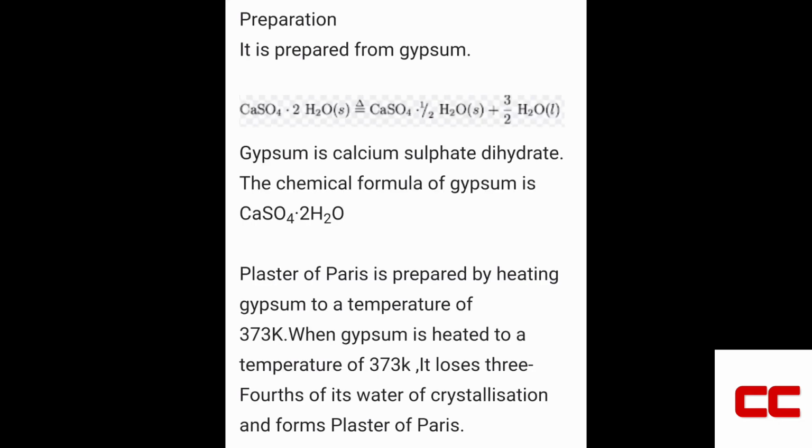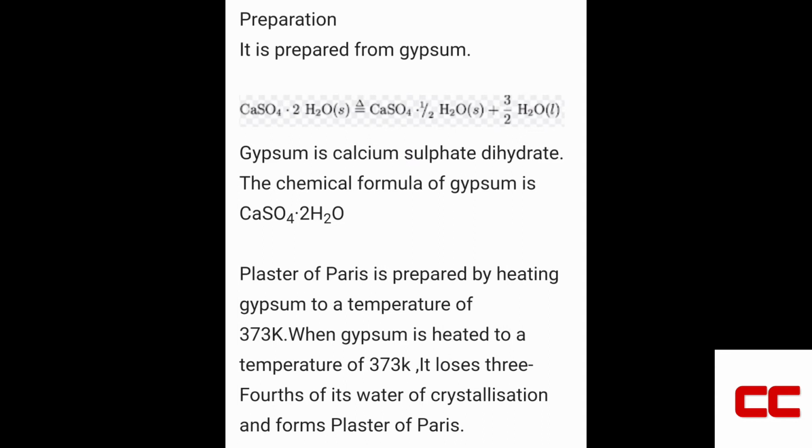Now let us look at the preparation of plaster of Paris. It is prepared with the help of gypsum. Now what is gypsum? Gypsum is CaSO4.2H2O. When heated, it gives you CaSO4.1/2H2O and leaves out 3/2 H2O. Gypsum is calcium sulfate dihydrate. What is the meaning of dihydrate here?